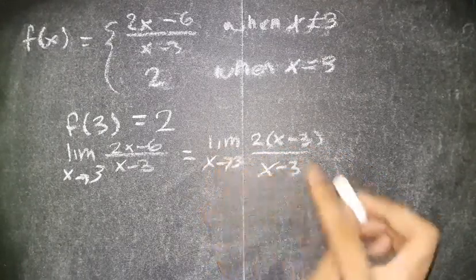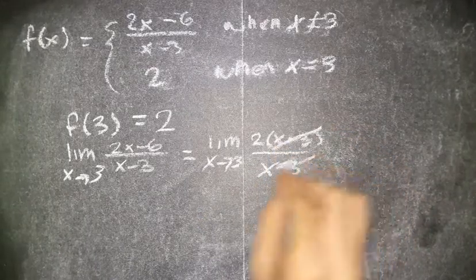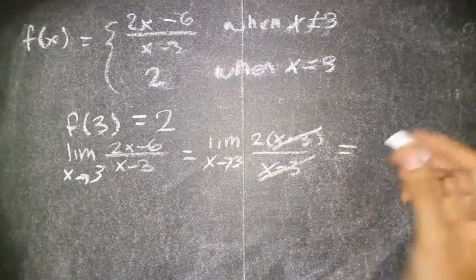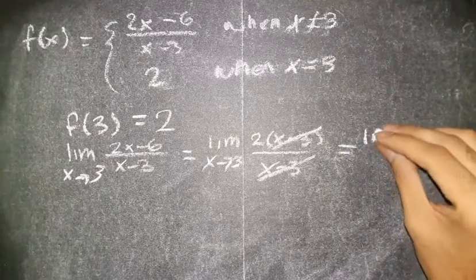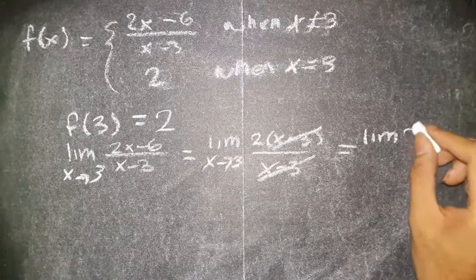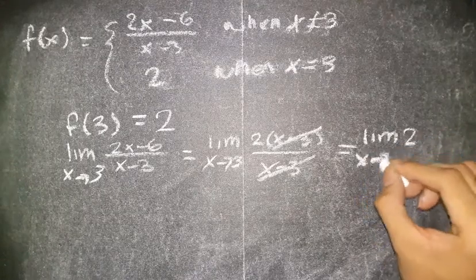By simplifying, x minus 3 will be cancelled. Then the limit of 2 as x approaches 3 will be equal to 2.